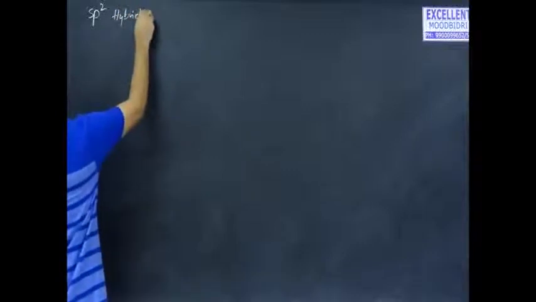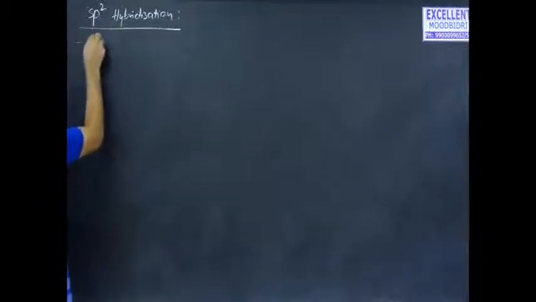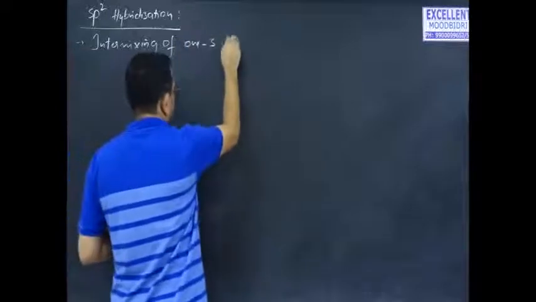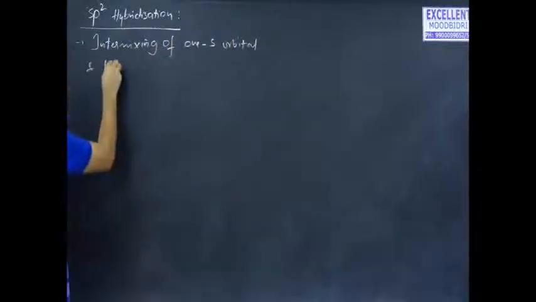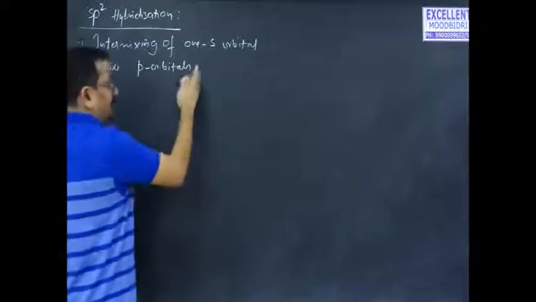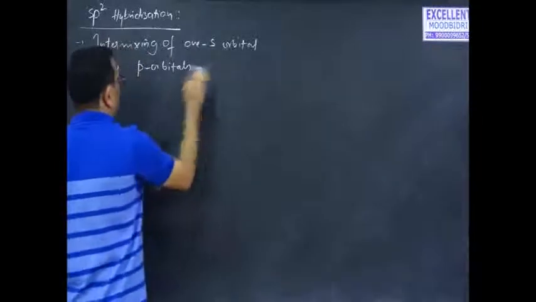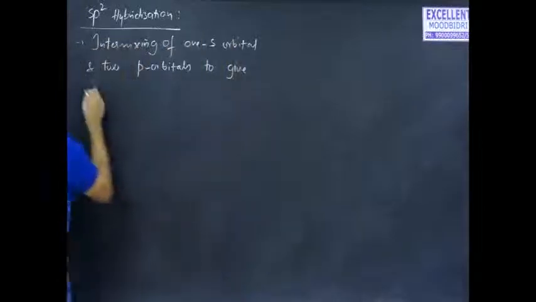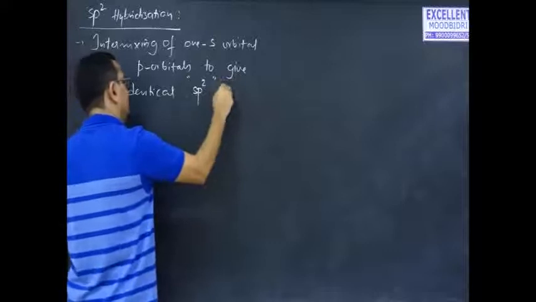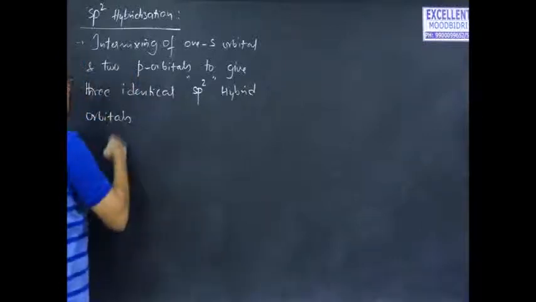We can easily predict the steps here because we already did sp hybridization, right? sp2 hybridization means intermixing of one s orbital and two p orbitals of a given valency shell of a given atom, to give three identical sp2 hybrid orbitals. Such a phenomenon is called sp2 hybridization.